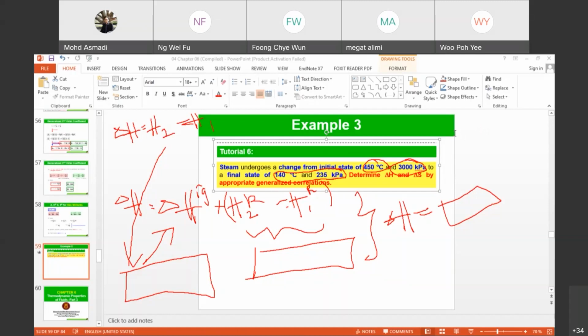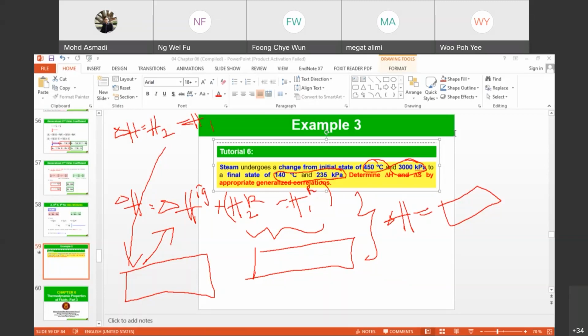Why did you convert to mole? Is it that you are referring to a new book? Because my book is kilojoule per kilogram, meaning joule per gram.